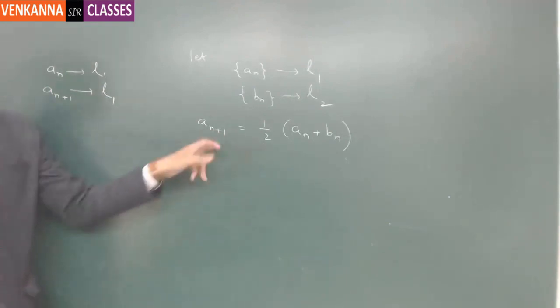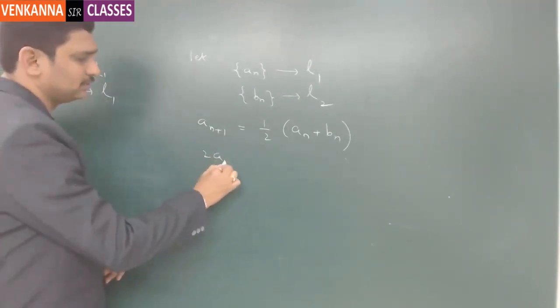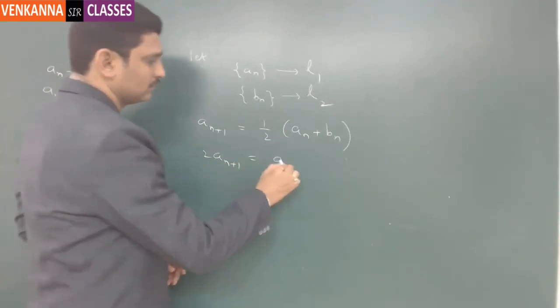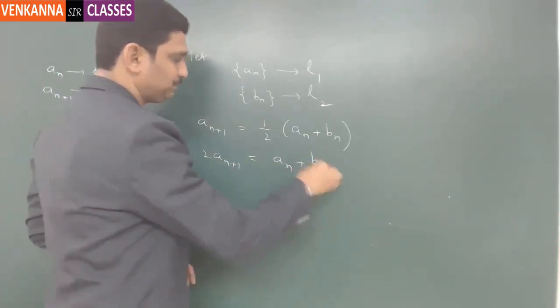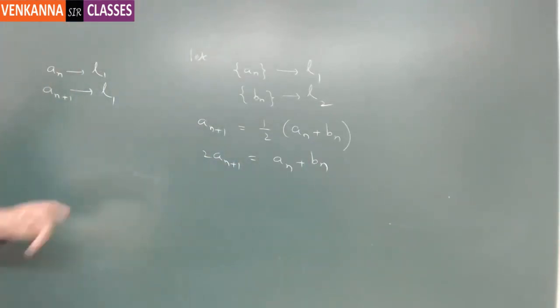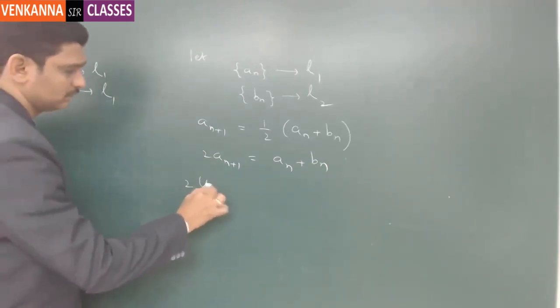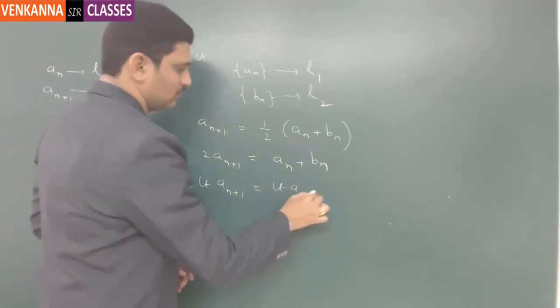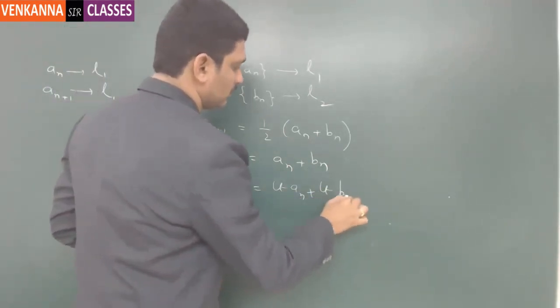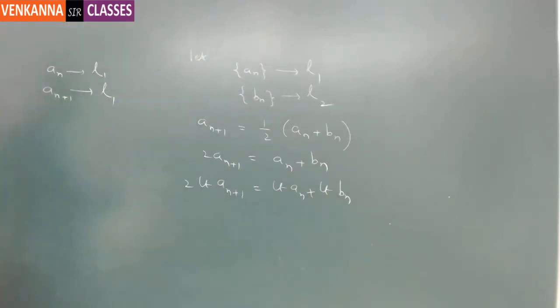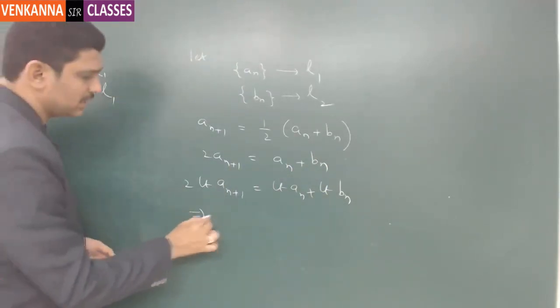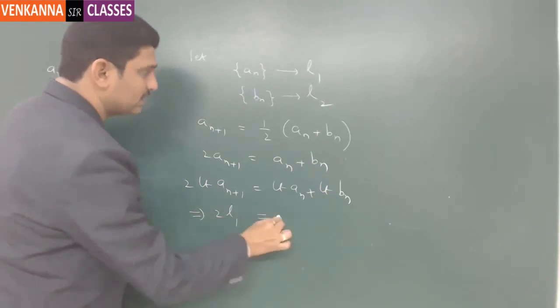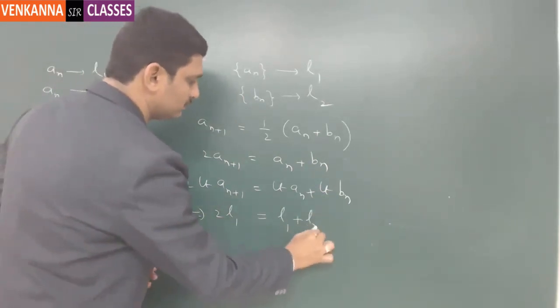Now from this relation, again we say that, if you apply limit for this one, this implies that 2 into L1 is equal to L1 plus L2.